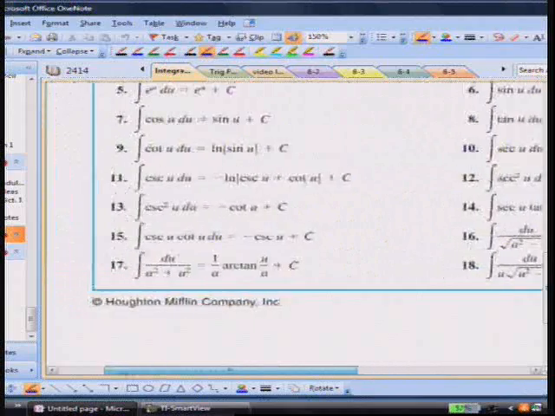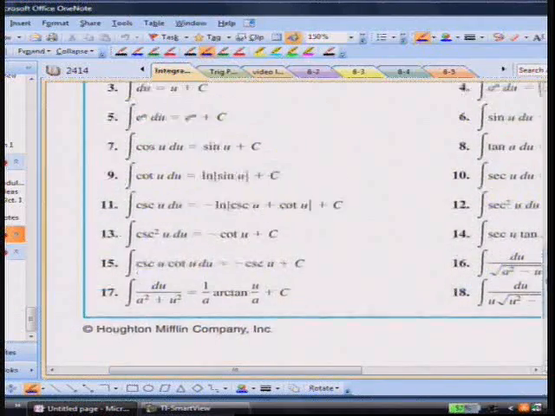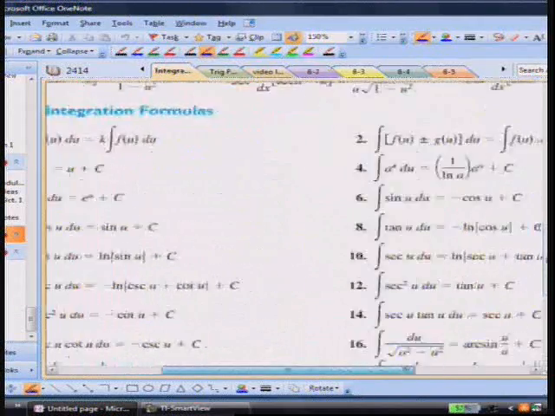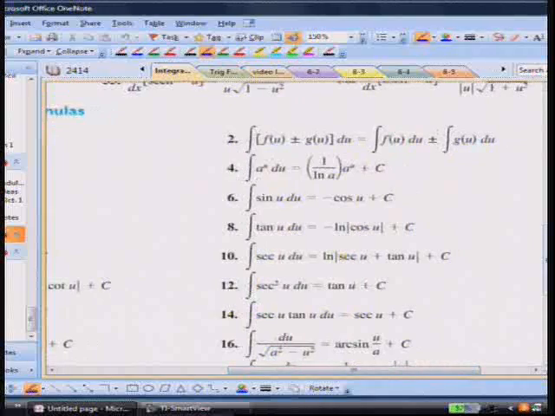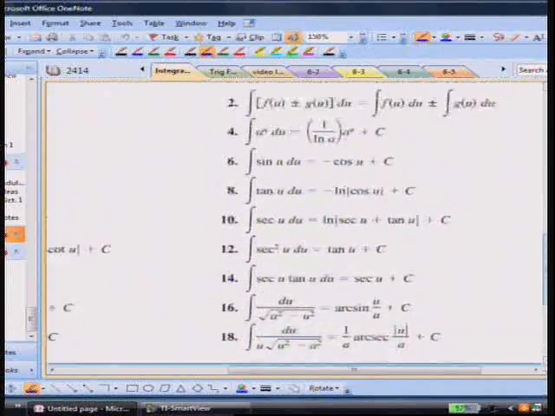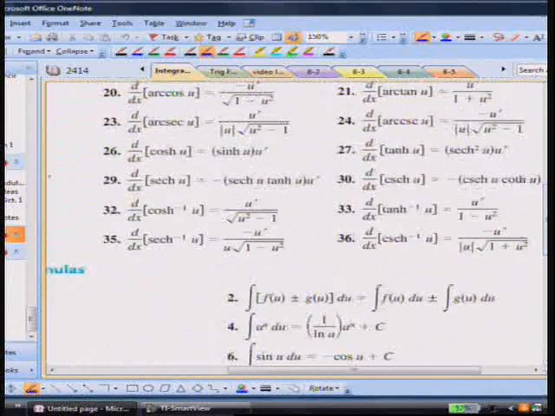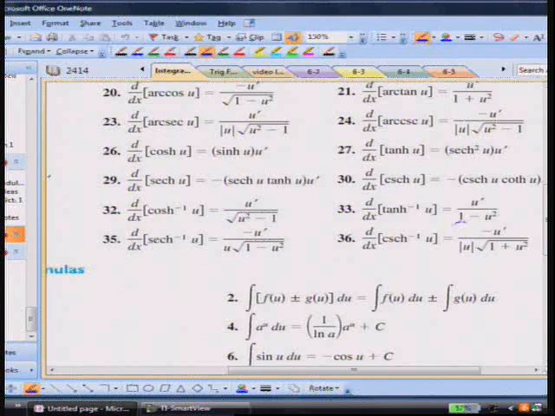Okay, so they're already on your sheet, and then they also exist. I guess not. They didn't show up on the basic integration formulas on this sheet, but you can kind of see that if you were to integrate this, you better get back to that, right? If you have a derivative, you have an integral. It may not be the one you want, but you still have one.